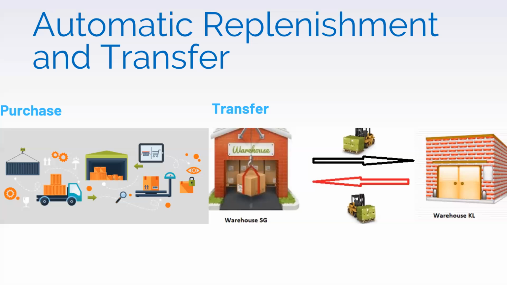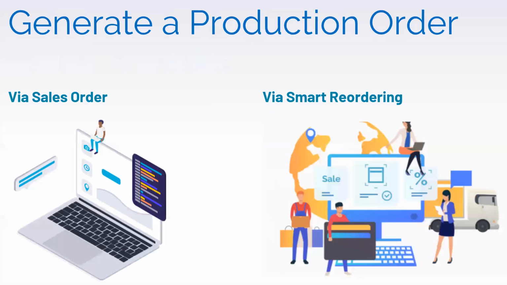From there, we'll look at how to generate a production order with a sales order or with smart reordering. We'll look at the sales order side because that's going to be the most interesting. Smart reordering is just looking at what you've got low on stock, pretty much what you've sold into a negative or made a commitment to make, and then generating a production order from there.